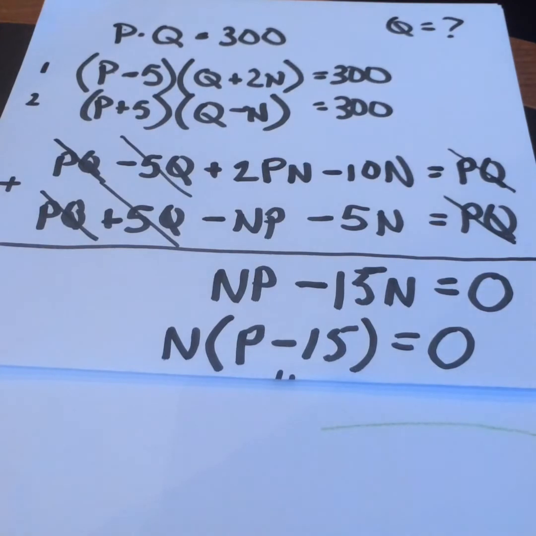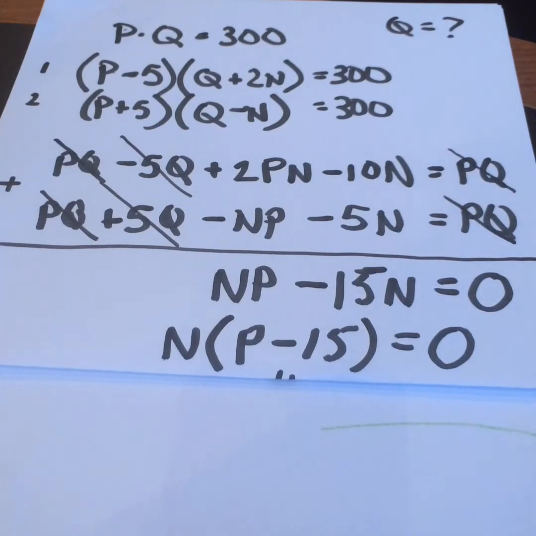When we get to this point, we recognize that when we have something times something equals 0 in an equation, one way to deal with this is to set each of those two somethings equal to 0, okay, and see what comes from that, right?